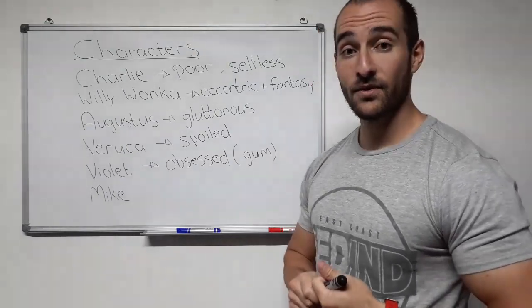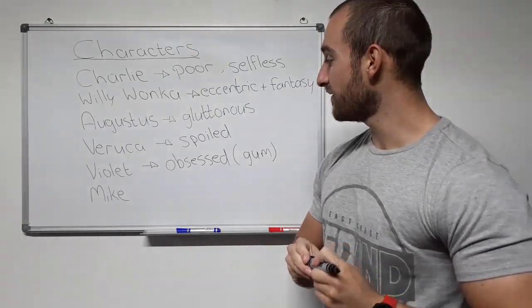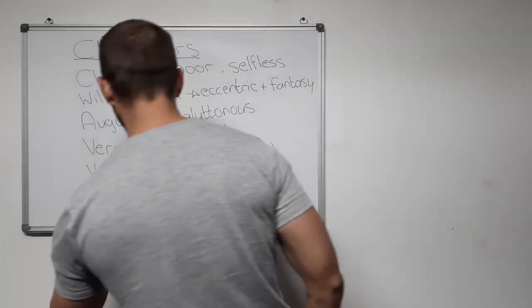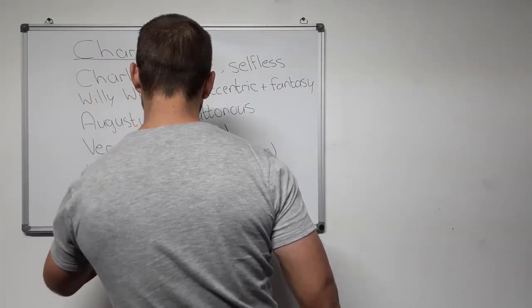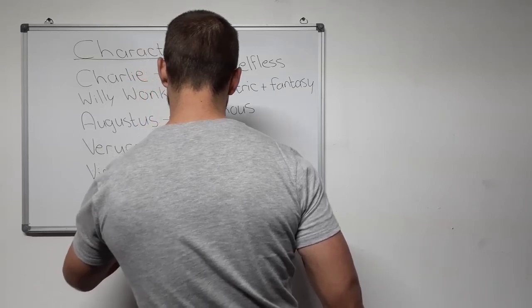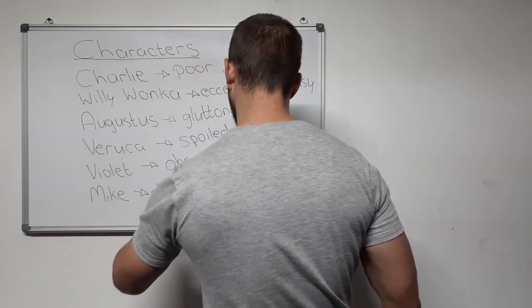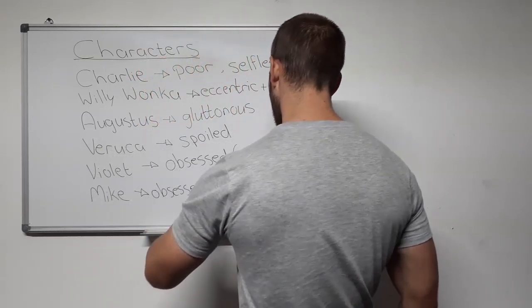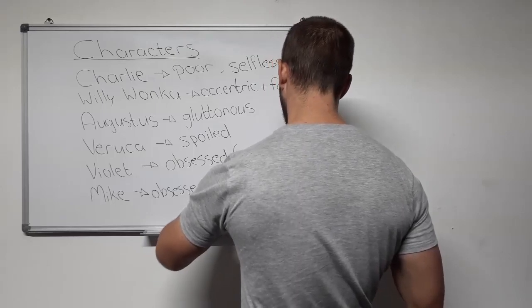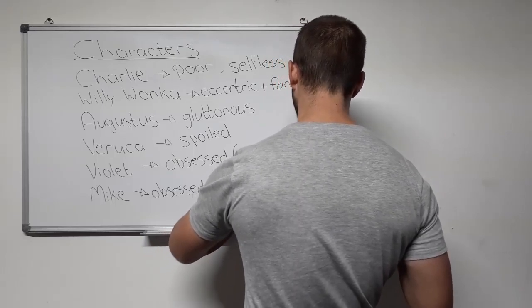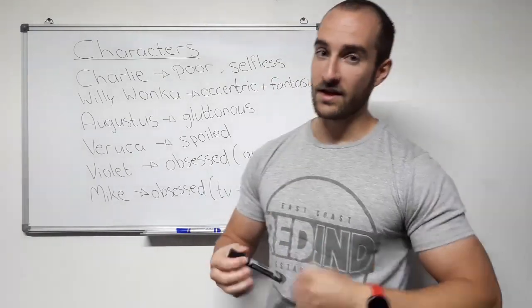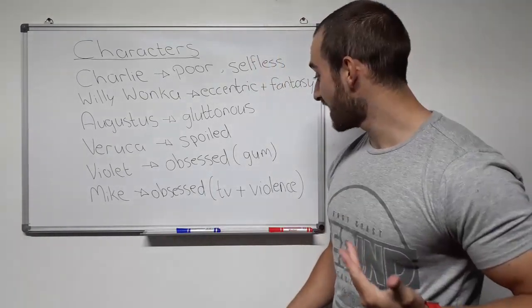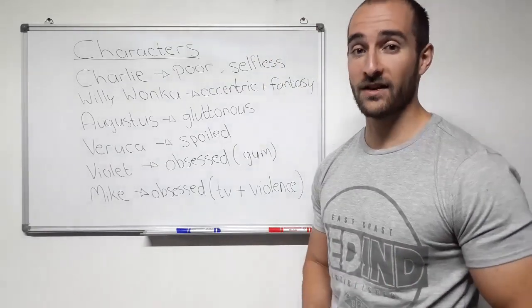Then we get on to Mike. Mike TV is also a character that is obsessed, but he is obsessed about something else. Television and violence. To be more specific, it's more violence, but he only got the violence as a result of watching television.